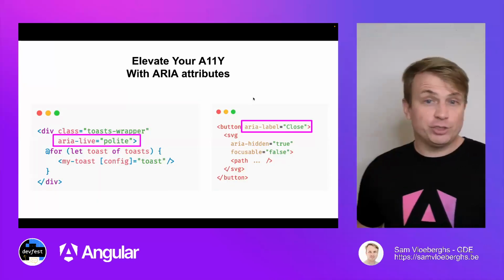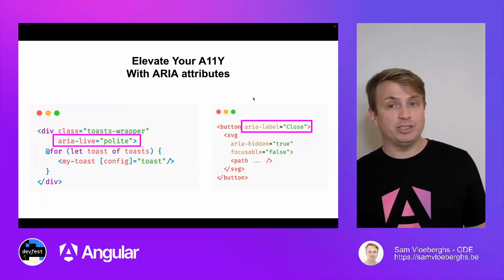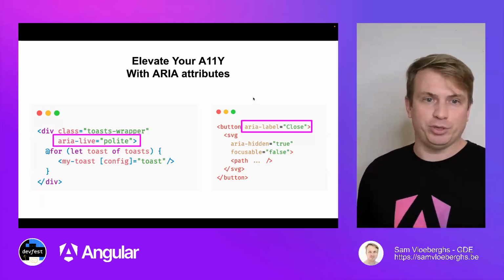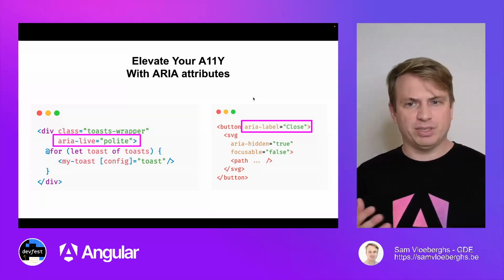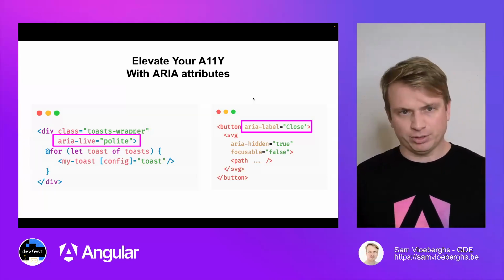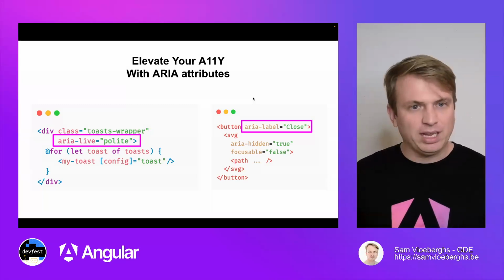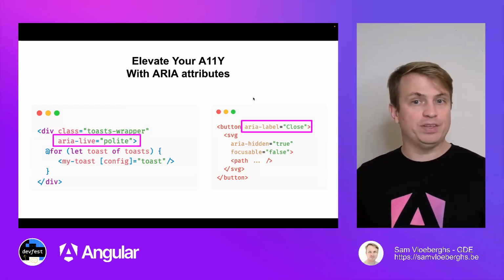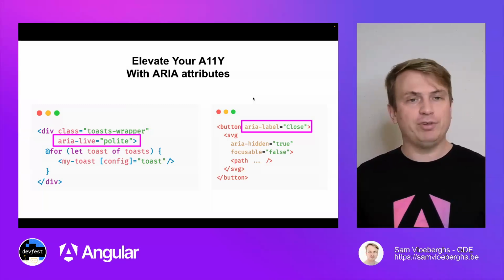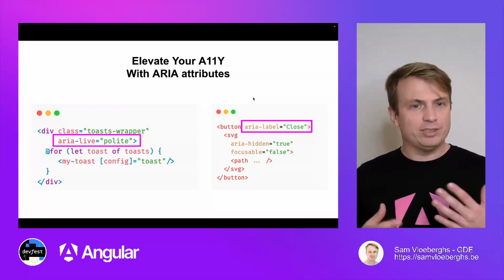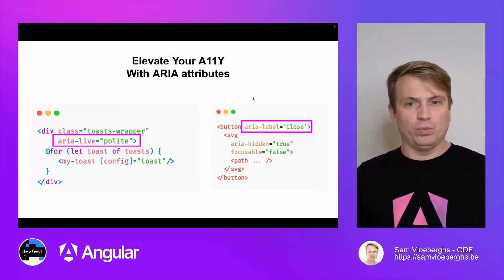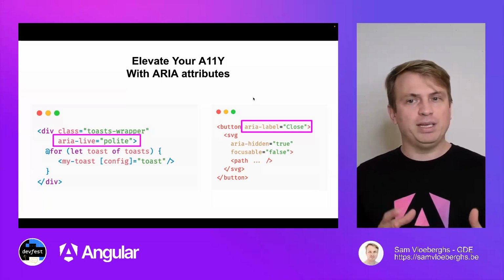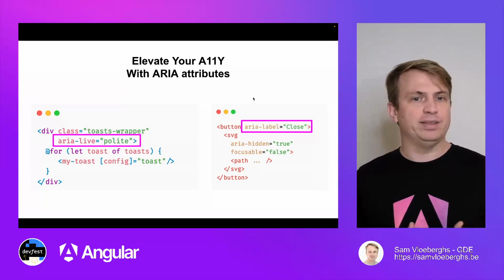The first thing that you can do is elevate your applications with ARIA attributes. I'm not going to go over the entire specification of ARIA and its potential, but I will give you a few examples. ARIA Live is an attribute that you can use to indicate to screen readers that whatever is in this block is likely to change over time or because of user interaction. So whenever the user is idle, it will speak out the changes that occurred in that block.